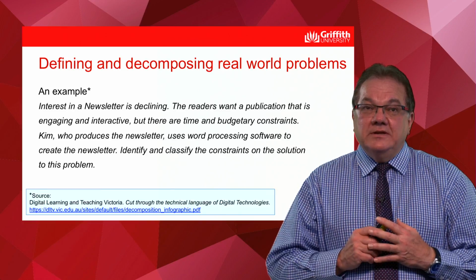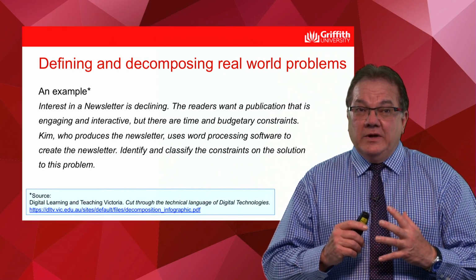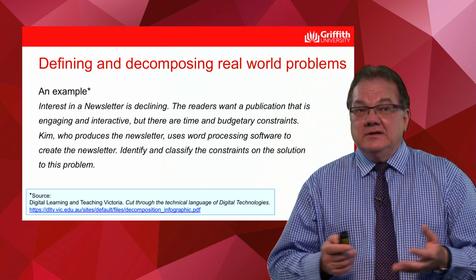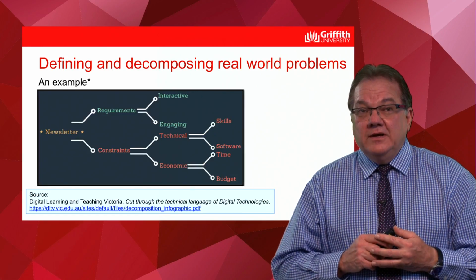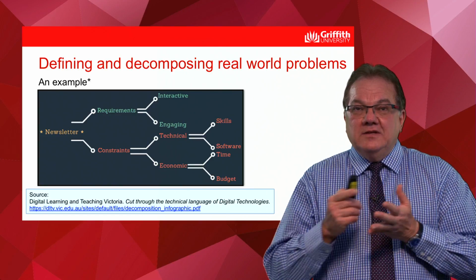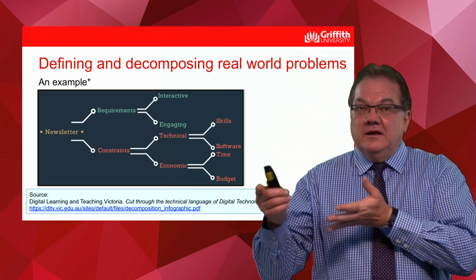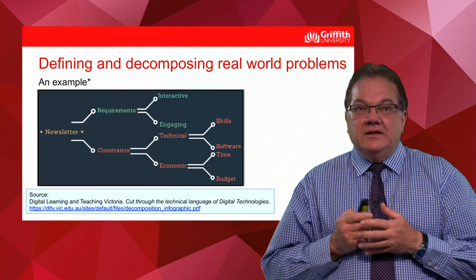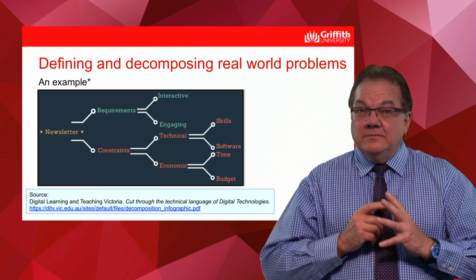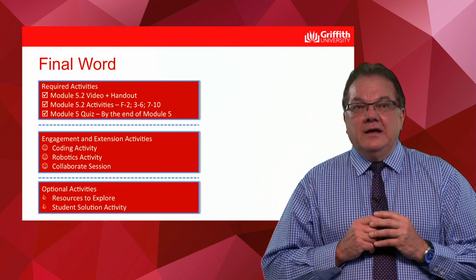Kim, who produced the newsletter, uses word processing software to create the newsletter. Identify and classify the constraints on the solution to this problem. And here's a possible example, and you can see how this relates to the life-work balance and the task of getting the certificate of completion. That's an expectation around Year 7-8.